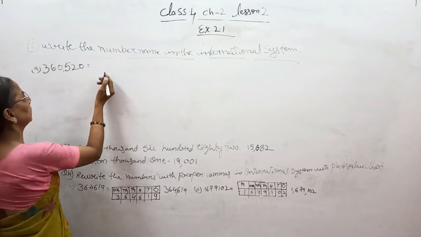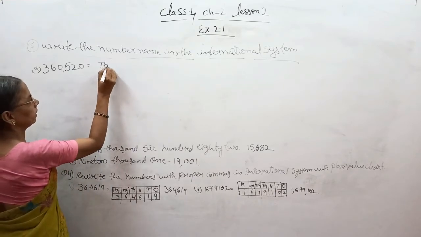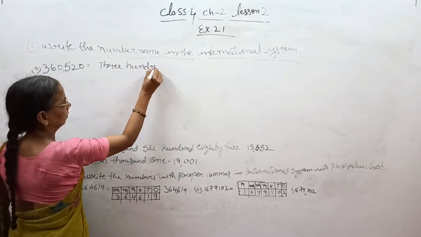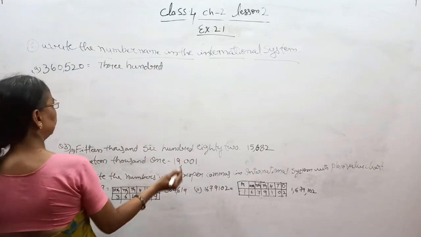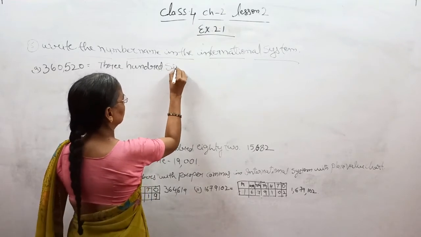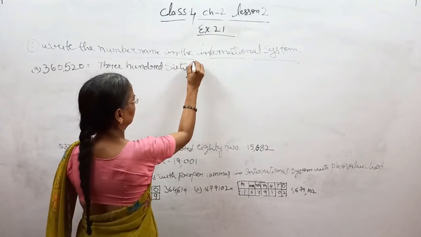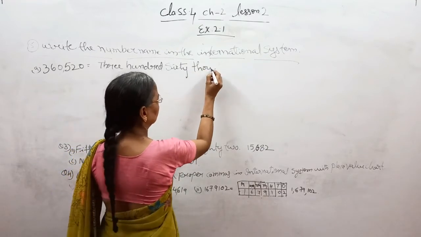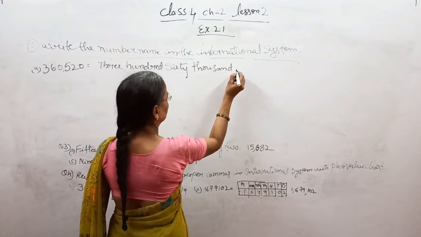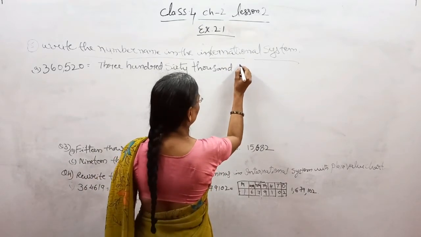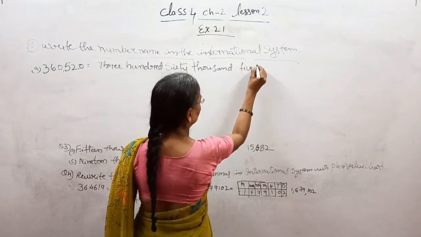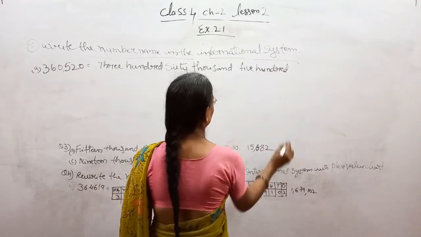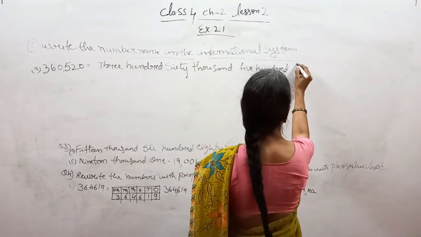Now we have to write it, that is 360,500, 520.